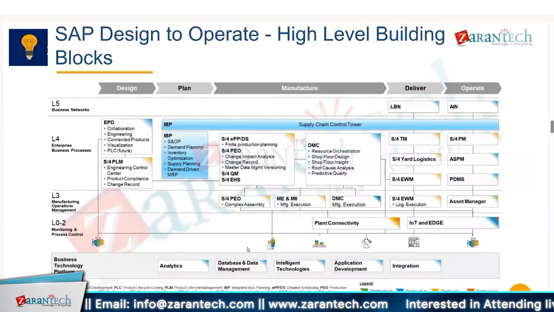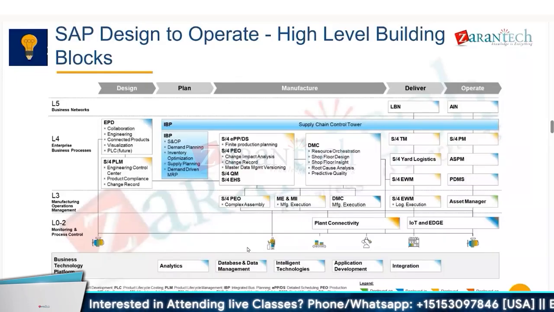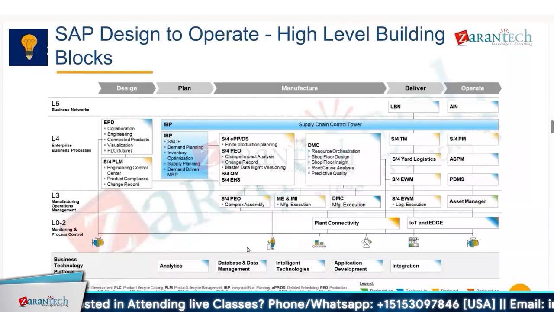IBP can provide you a flexible solution called EPD. Within this EPD, you can do collaboration, engineering drawing studies, get the products connected, visualize the product, and so forth.